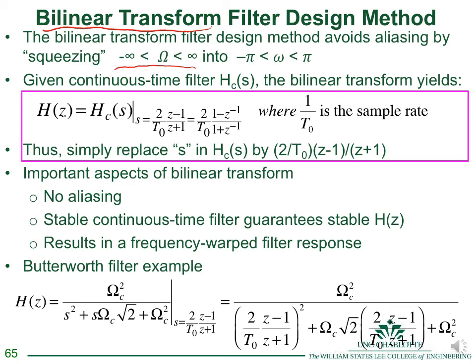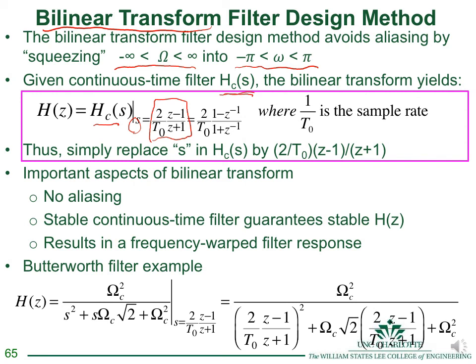And so the method to do that: you convert the continuous time filter, its Laplace transform Hc of s, into the digital filter H of z by taking Hc of s and replacing the Laplace variable s by 2 over T0 times z minus 1 over z plus 1. Or you can replace it equivalently, dividing top and bottom by z, with 2 over T0 times 1 minus z to the minus 1 over 1 plus z to the minus 1.